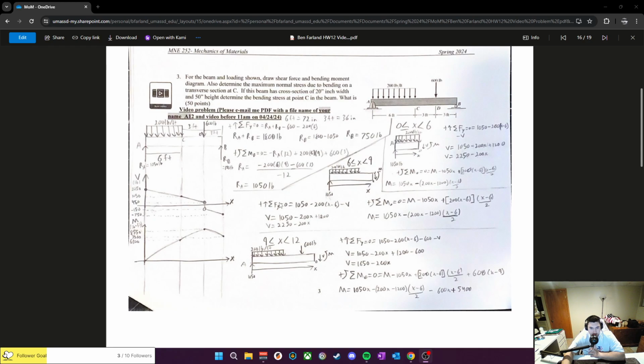We can put that back into the first equation, R A plus R B equal to 1,800 pounds. Once we do that, we find that R B is equal to 750 pounds.